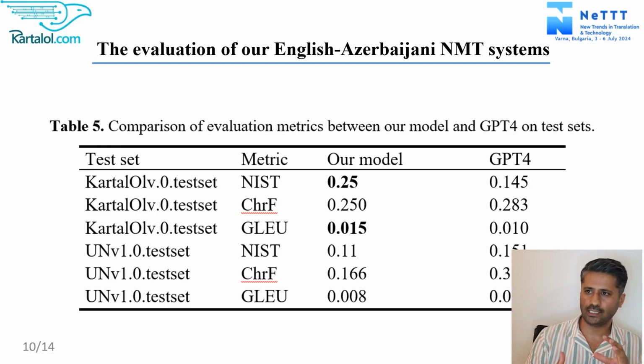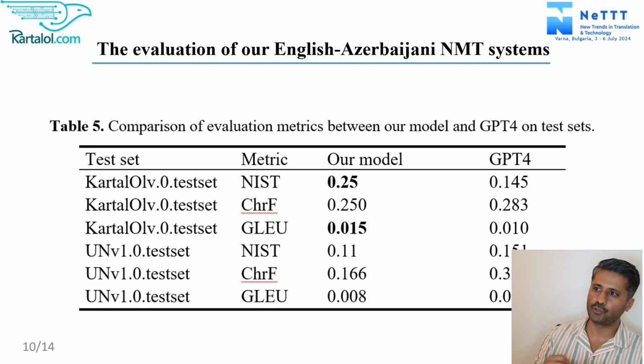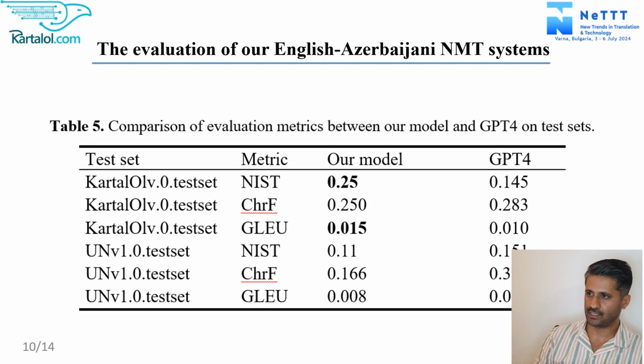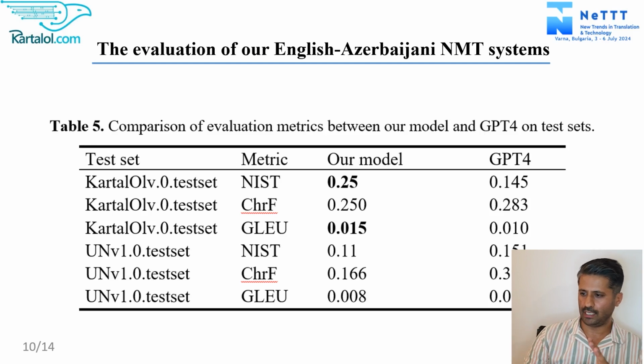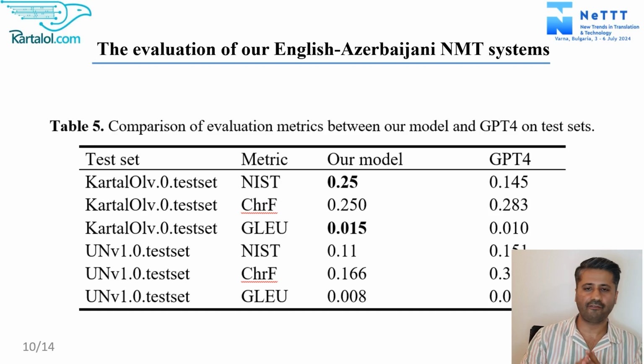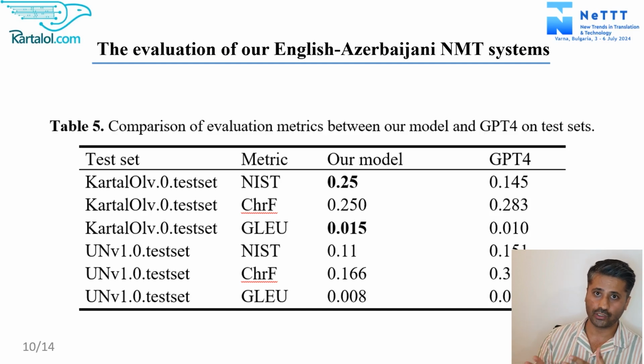In comparing our model against GPT-4 using the Kartal version 0 test set and the United Nations version 1.0 test set, distinct performance patterns emerge across different metrics. In our case, at least on our own test set, we have better performance than GPT-4, but on the United Nations test set, our system doesn't work well.